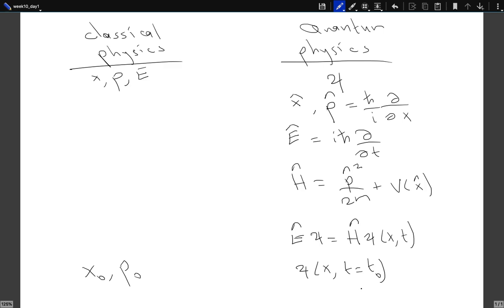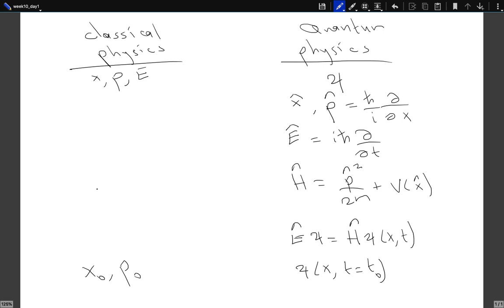In quantum physics, the preparation of the system amounts to preparing the wave function of the system. So that should be given, or you should be able to determine the wave function from how you prepare your system. And once you know those, the Schrödinger equation tells us how it changes as a function of time.